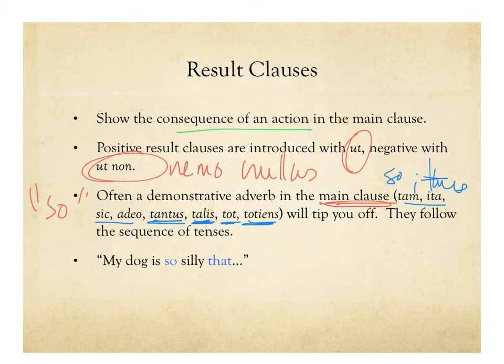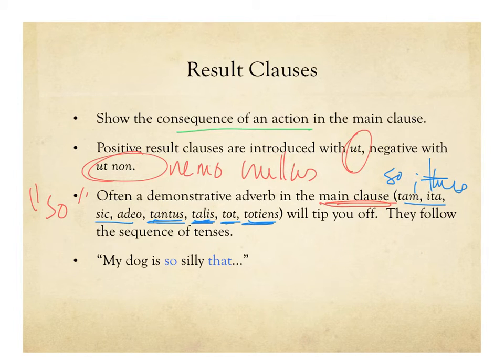It's a good tip-off. And of course, as I said, these clauses follow the sequence of tenses. And they're often like those kinds of jokes that start off like yo mama jokes, or jokes that start off with like, my wife is so whatever, that comedians used to tell in the Catskills all the time.